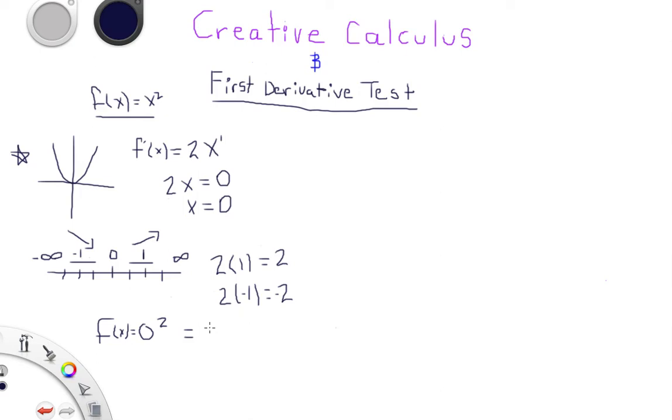So now we want to find the other value, or the y-coordinate. And to do that, we're going to solve, which equals 0.